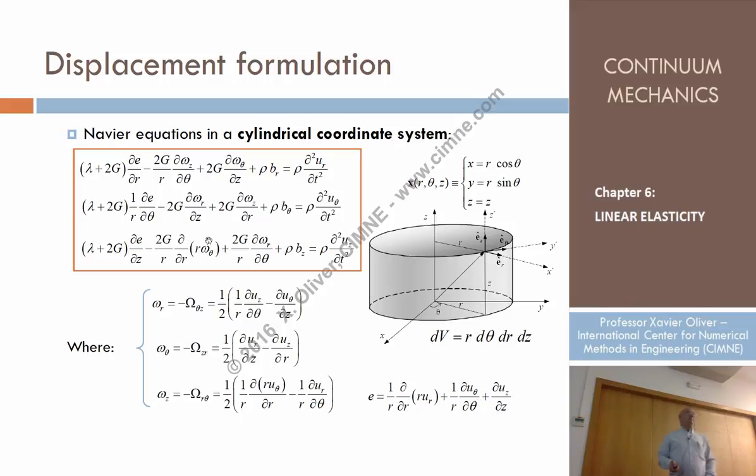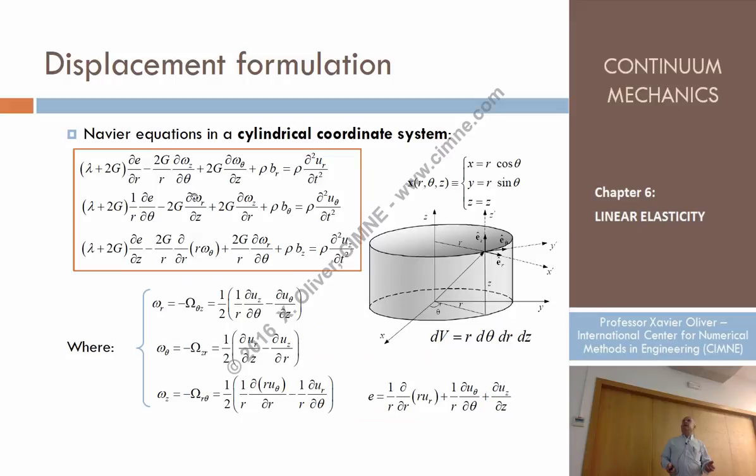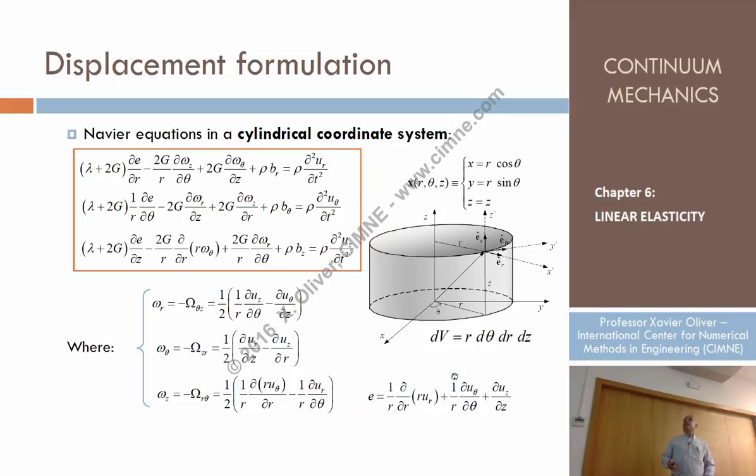Then look, you can recognize these equations comparing with what we have seen. So, for instance, the term lambda plus mu appears here, lambda plus 2G, G is the shear modulus. Look at the right-hand side, what do you have? The accelerations, right? You can recognize in these equations the accelerations at the right-hand side, expressed in terms of the time derivative of the components of the displacement.